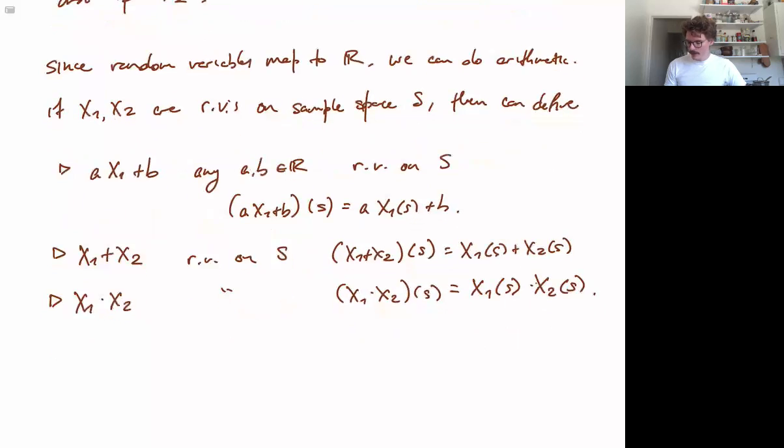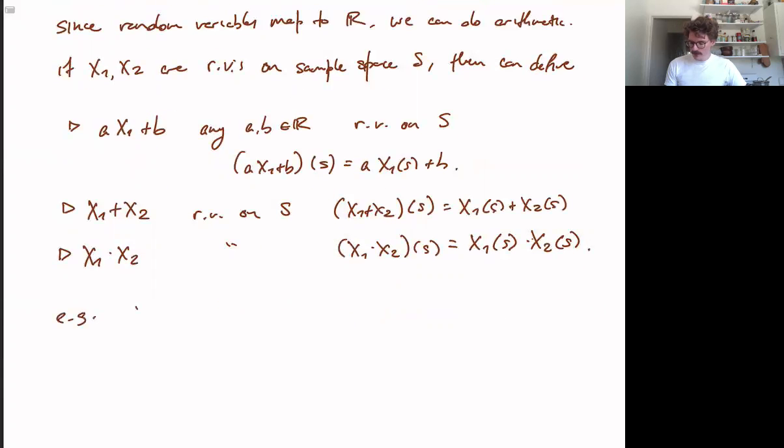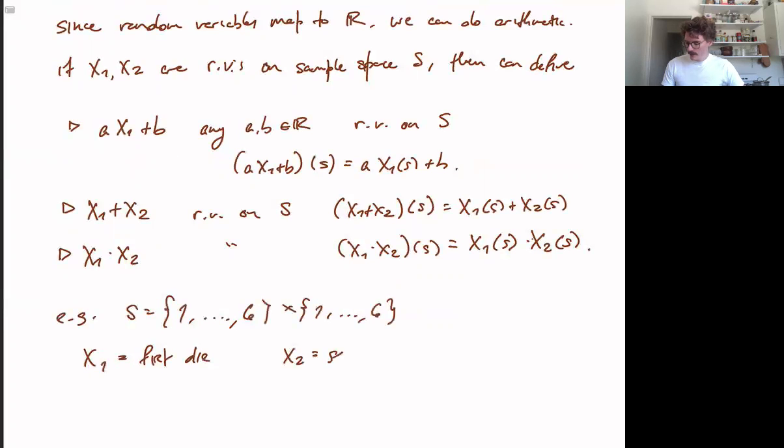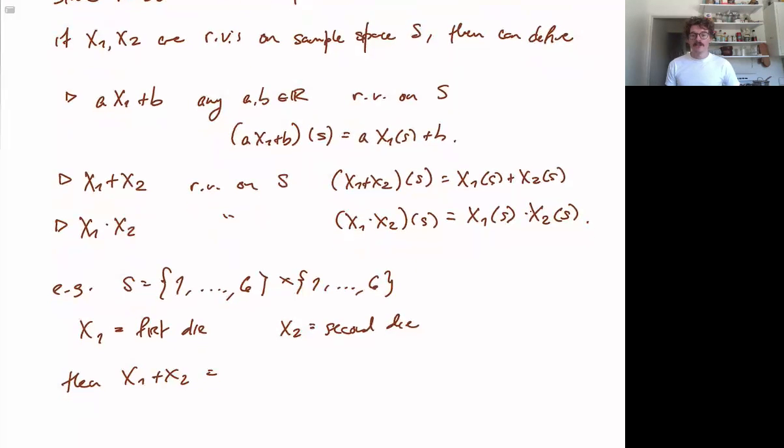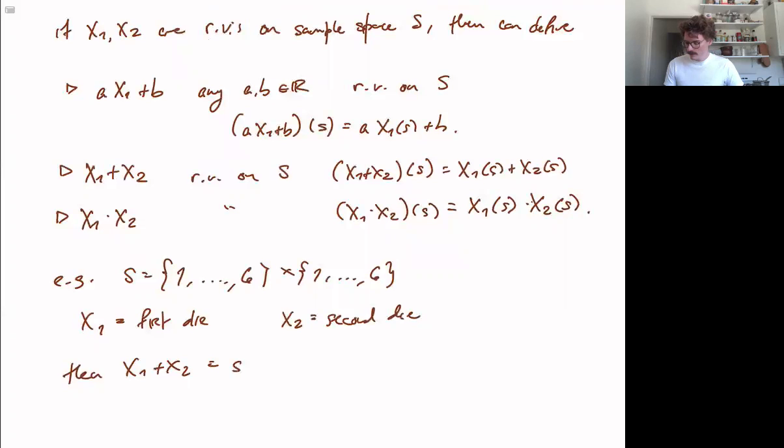So to give a quick example, if S is our sample space for 2 dice rolls, and X1 is the outcome of the first die, and X2 is the outcome of the second die, then X1 plus X2 is the random variable that measures the sum of the 2 dice rolls.